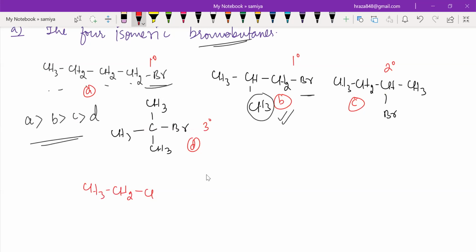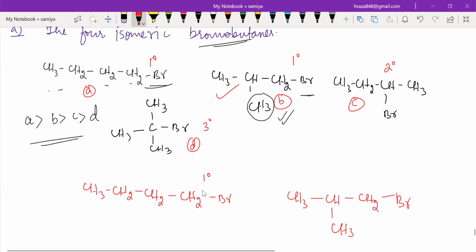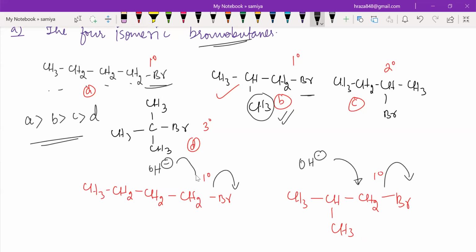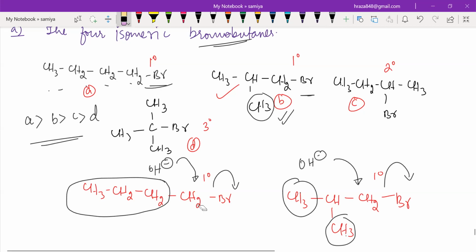And if you look at D, CH3CH(CH3)CH2Br, this is also 1 degree. Now, if this goes, there will be attack of OH minus. And if this goes, there will be attack of OH minus. But the problem is that here there are two bulky groups, CH3 and CH3, and you can see this has only one bulky group.